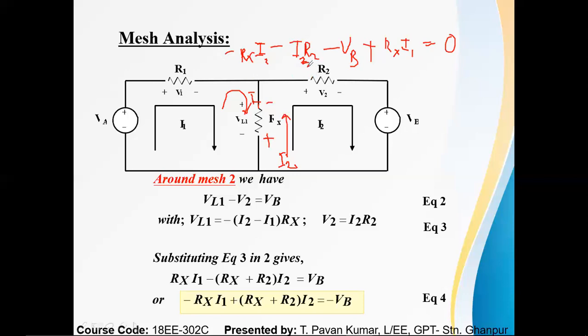Minus Rx I2 minus I2 R2 minus VB. So here the leaving sign is minus, right? You should understand this.